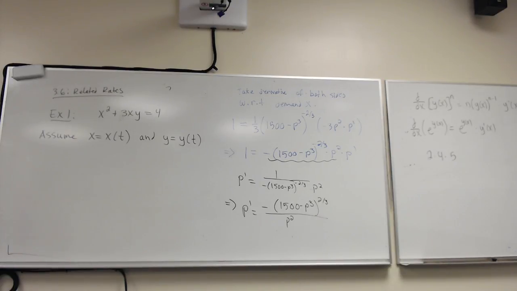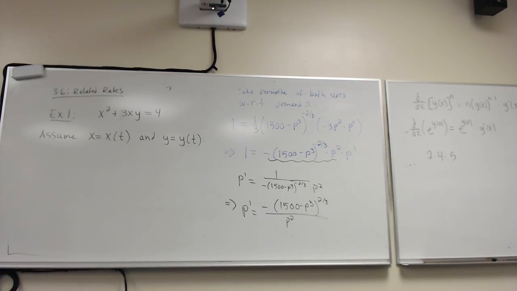So these problems are always the same. You're given some expression relating variables. Then you're going to be given information about the rate of one variable with respect to time, and then you have to find the rate of the other variable with respect to time. So there's a relationship between variables, there's usually given rates, and then there's the rate that you want to find.